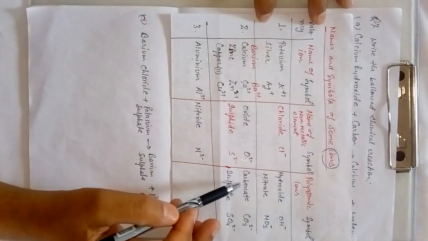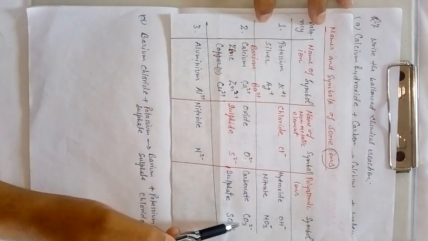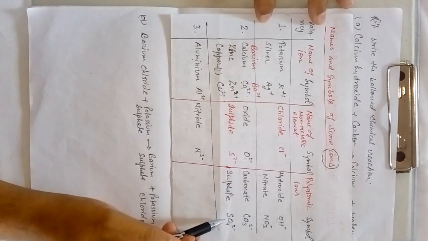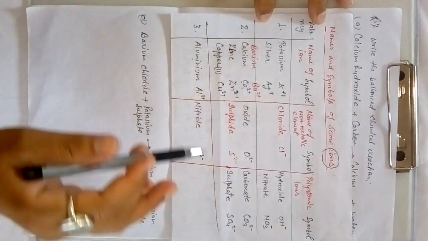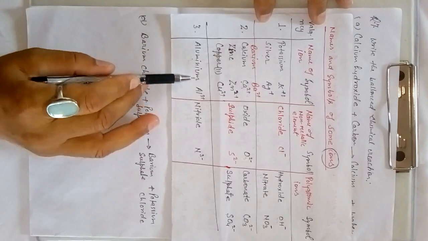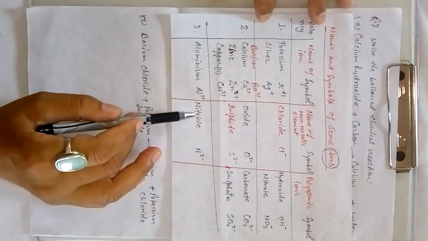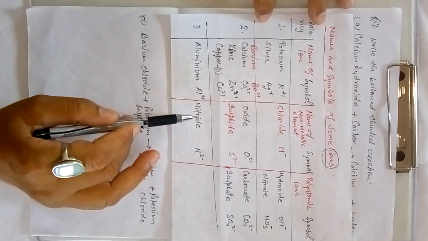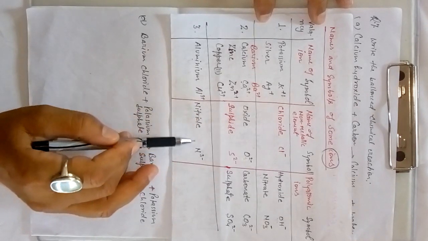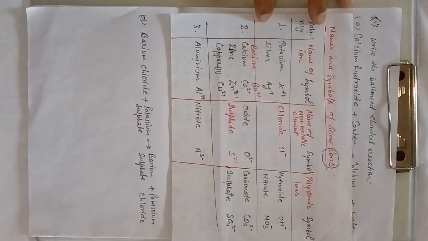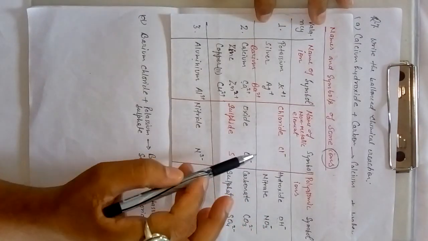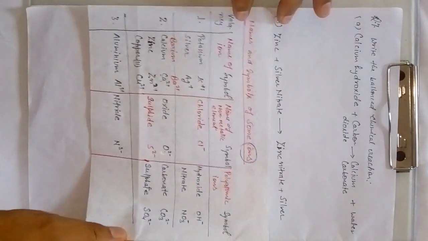Polyatomic ions, carbonate, CO3 2-, sulfate, SO4 2-. And aluminium Al3+, and non-metallic element nitride N3-. We are going to use these types of ions in a chemical reaction.